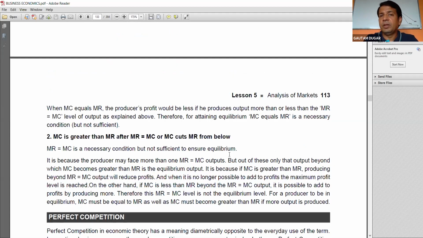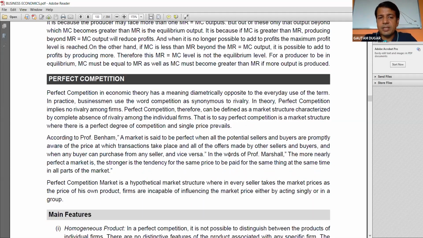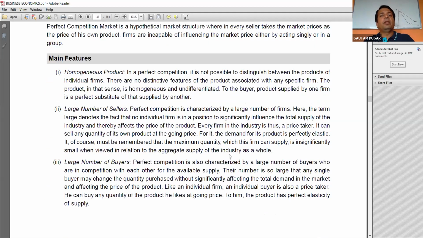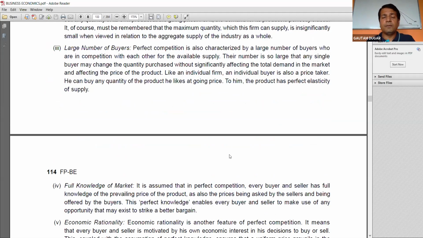Coming to perfect competition, we discussed the main features of perfect competition. To be more specific, the market for gold, the market for shares, the share market, the commodity market, or the market for agricultural commodities to some extent are closest examples of perfect competition. Mark my words, they are closest examples of perfect competition.